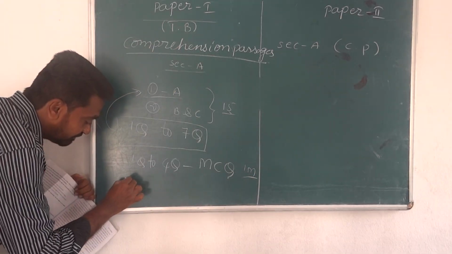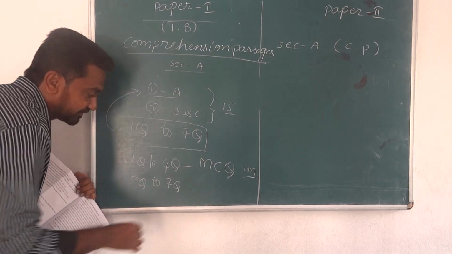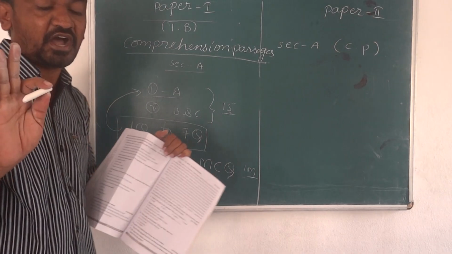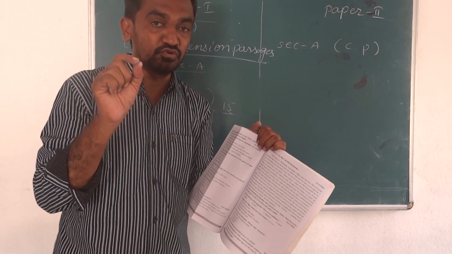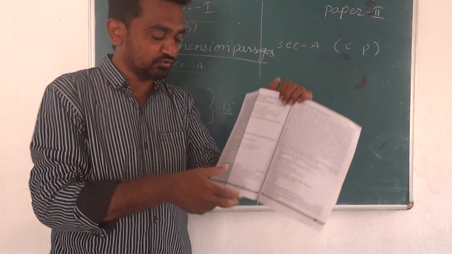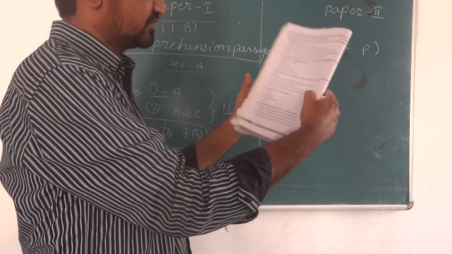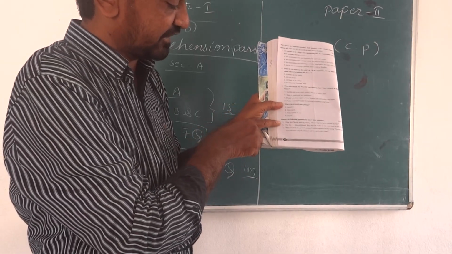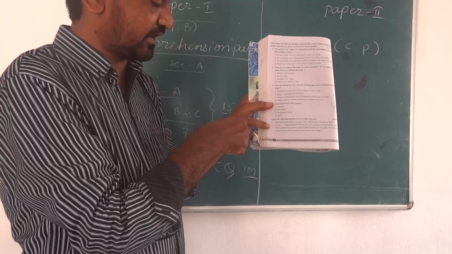Next, question number 5 to 7. These are very short answers. You can write in 1 or 2 sentences. You have to complete the answer in 1 or 2 sentences. Here are the 3 questions they asked, 5, 6, 7, which are related to the first passage.